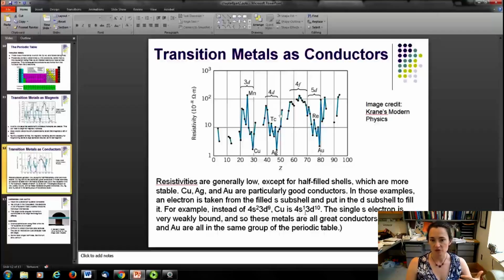Remember, the s electrons are on the outside. That s electron is very weakly bound, and so it's free to join the free electron sea and carry current. Since copper, silver, and gold are all in the same group, all in the same column, it's kind of the same story for the silver and the gold.